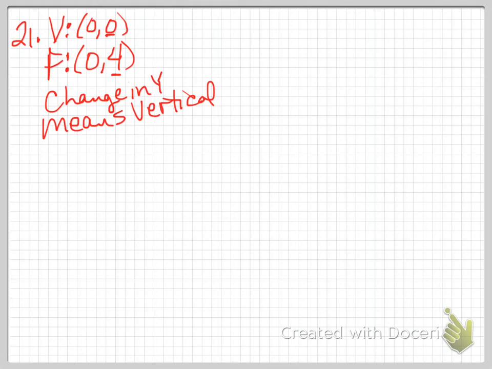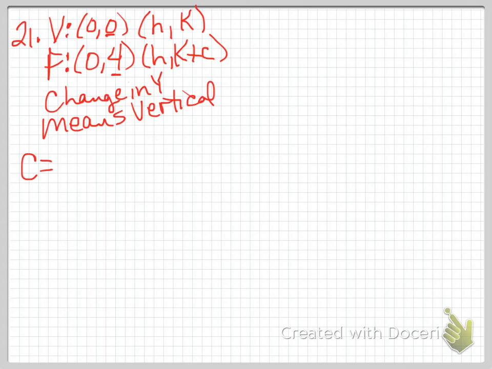Okay, now that means up here my vertex is h, k, and then my focus, my h stays the same, but my k is where I add that c to, that focal length. Now, I need to figure out what my c is, right?